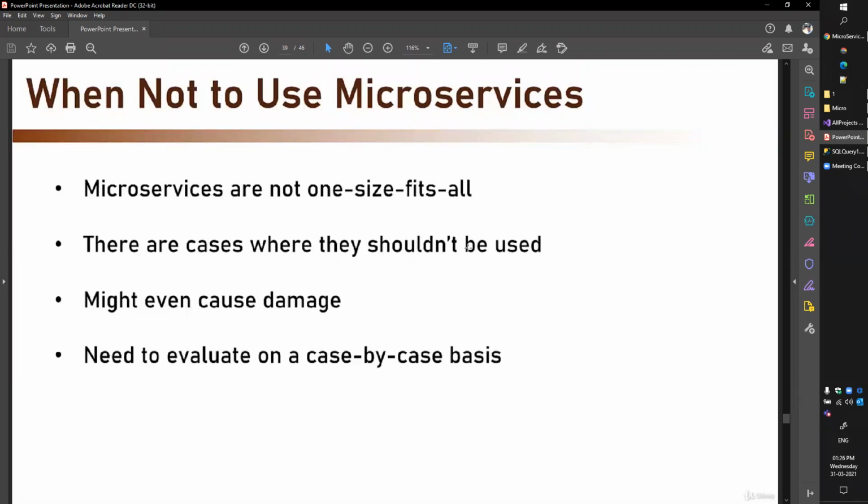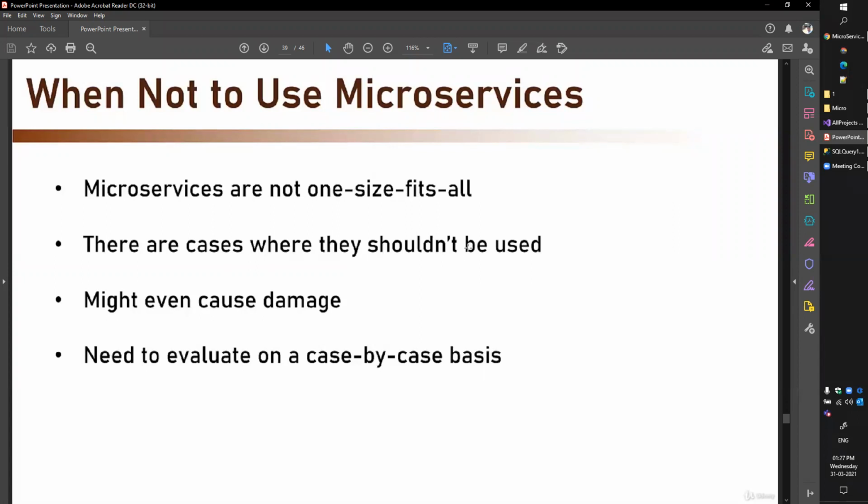Again, if you think you can break your monolith application into just 2 or 3 services, then better not to go the microservices way and stick to monolith, because bringing in only 2 or 3 microservices will make the system more complex than the monolith, and it is not going to solve the problem at hand.